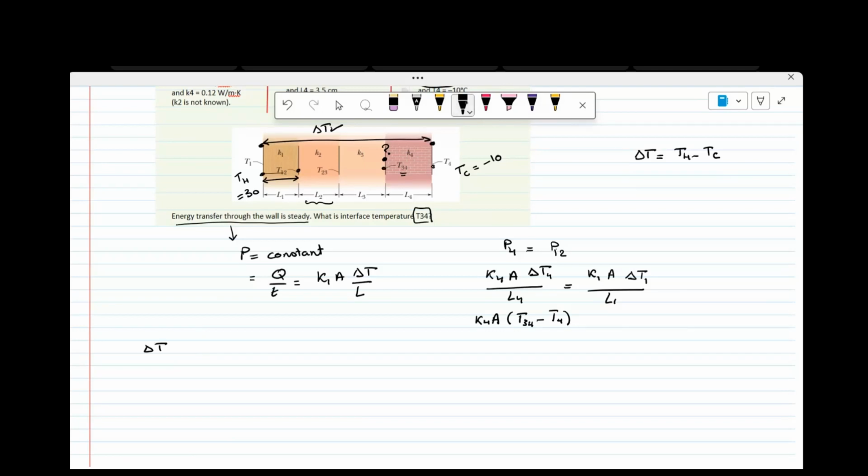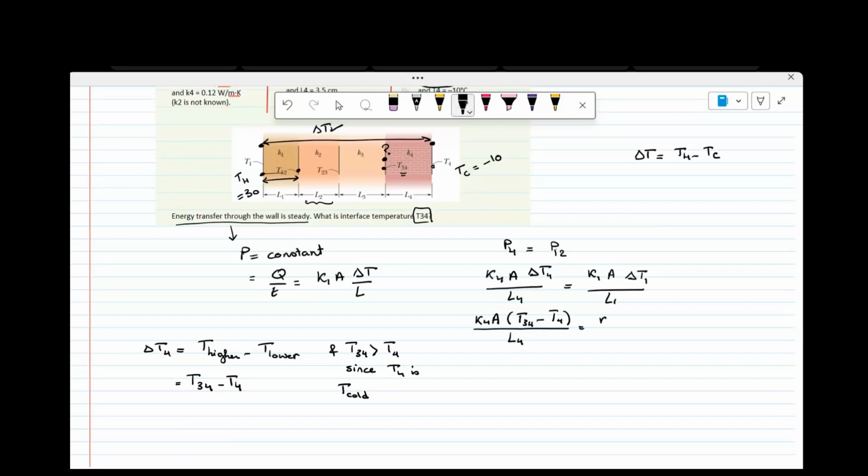So basically delta T4 is equal to the higher temperature minus the lower temperature. And we can see that T34 is greater than T4 since T4 is T cold. So we will have T34 minus T4 in our answer. And this is divided by the thickness of layer 4, which I have.